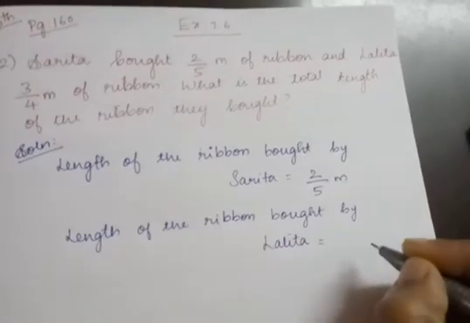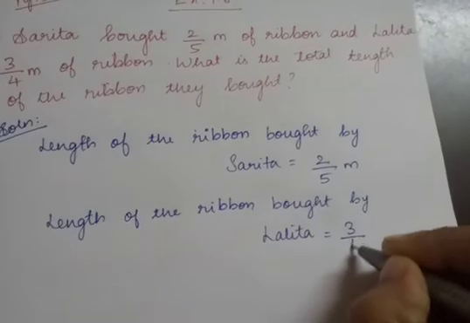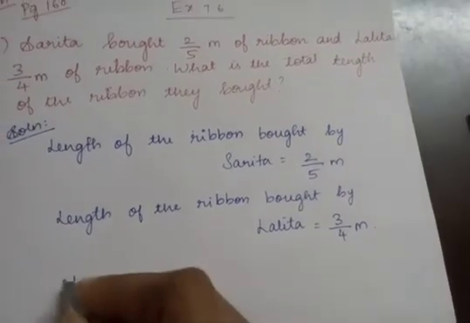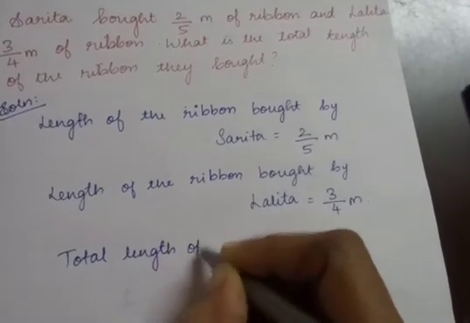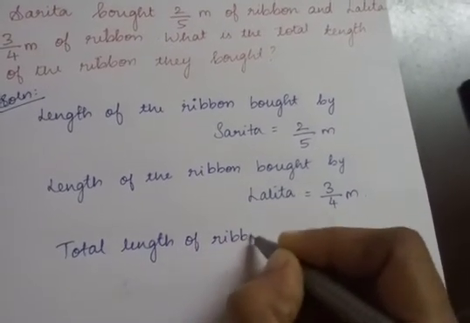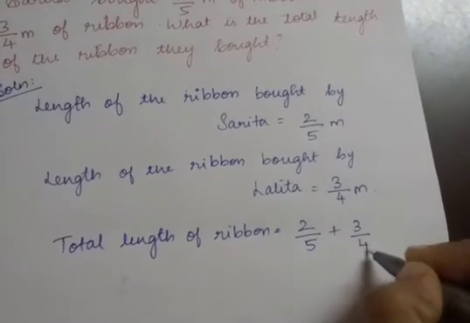Okay, how much length that Lalita has bought? 3 by 4 meter. What is the total length of ribbon? Total length of ribbon is 2 by 5 plus 3 by 4 meter.